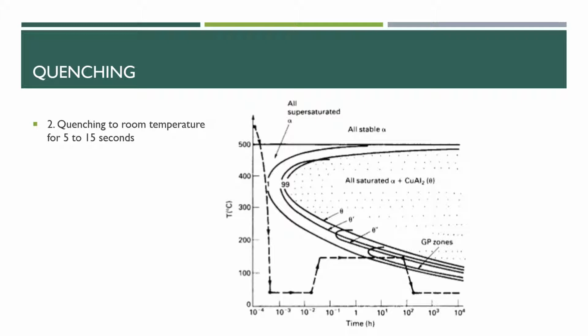So the quenching is at 5 to 15 seconds because, as you can see from this curve here, which does not touch the tip of this C curve, 5 to 15 seconds is the optimum time to decrease the temperature from 548 to 25 degrees Celsius.